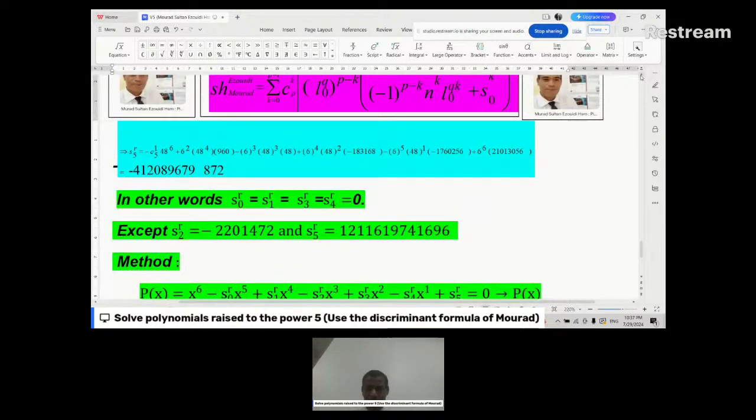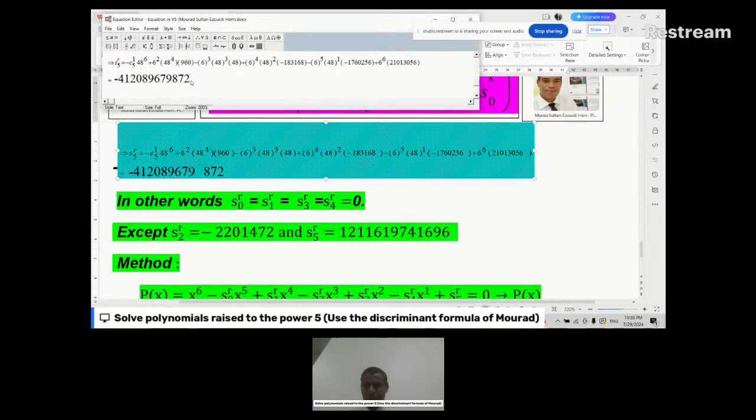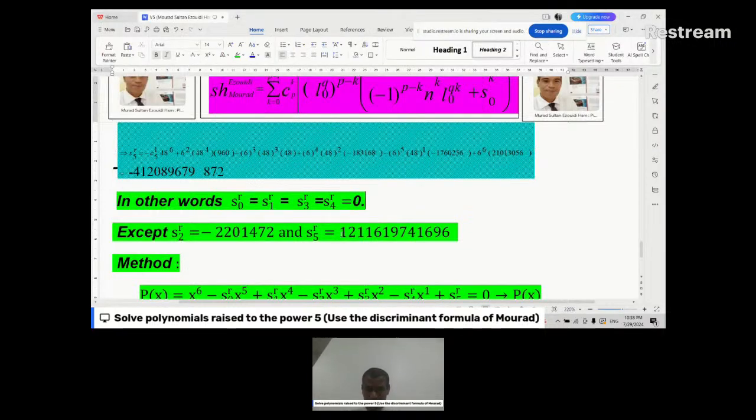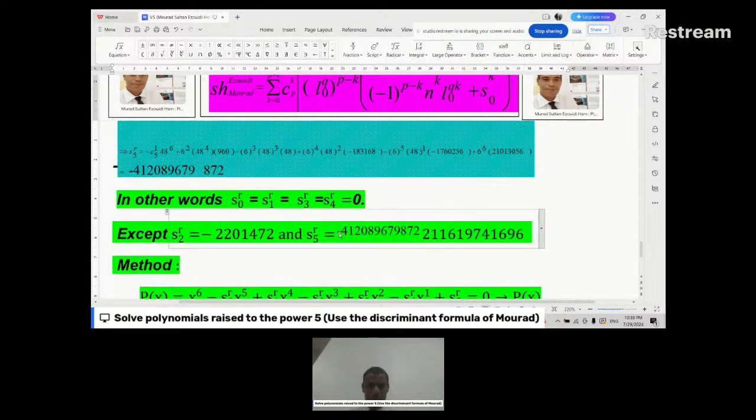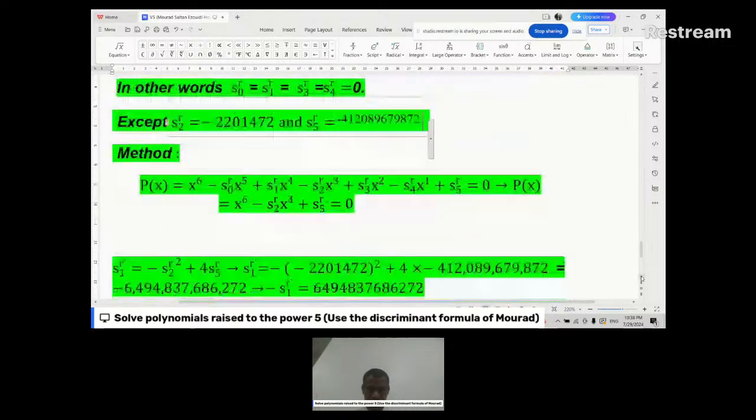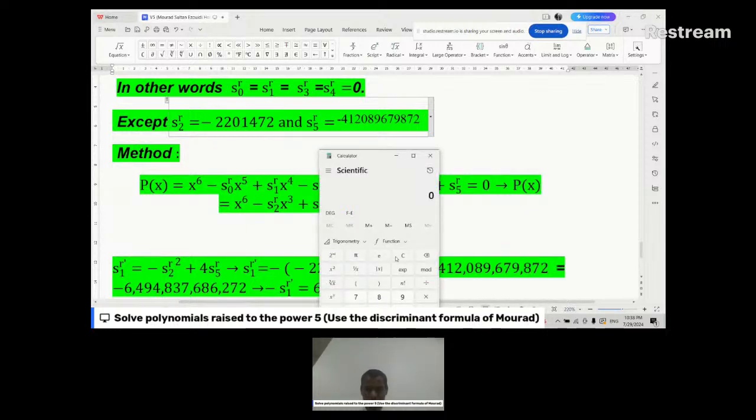S5 is negative 4, 1, comes here. Make copy, control. So this one is equal to that. Therefore, this one is correct.